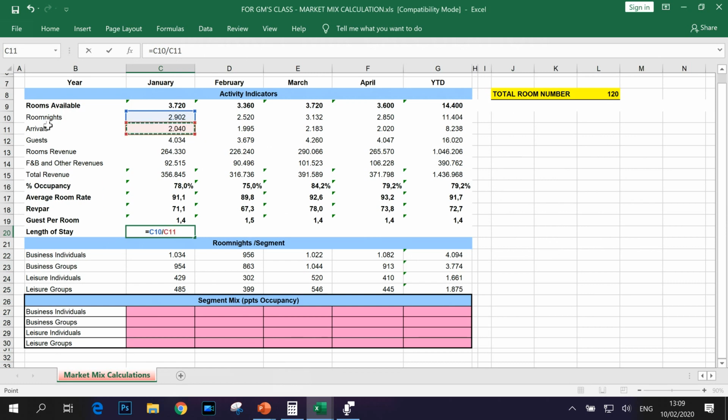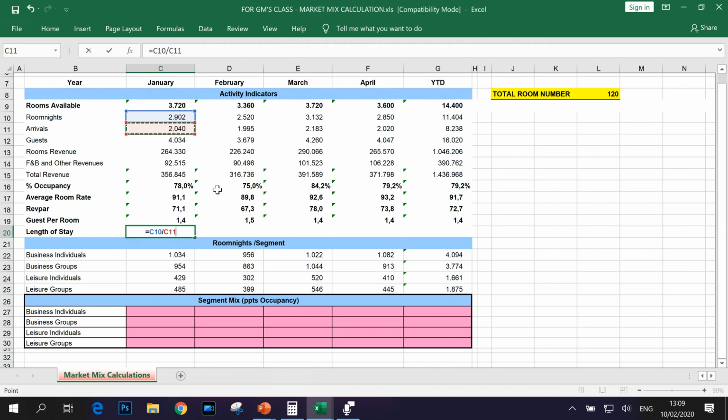If room nights and arrivals are the same, for example 2,000 and 2,000, we can see that every guest stayed with us in January for only 1 night. But that is not the case, right? The number of arrivals is only 2,040, but room nights is more than 2,040, which is 2,902. So some of the guests stayed more than 1 night. That's why the number of room nights is higher than the arrival number.